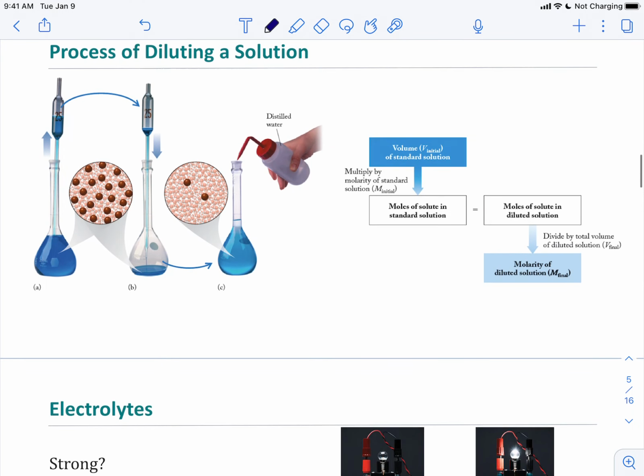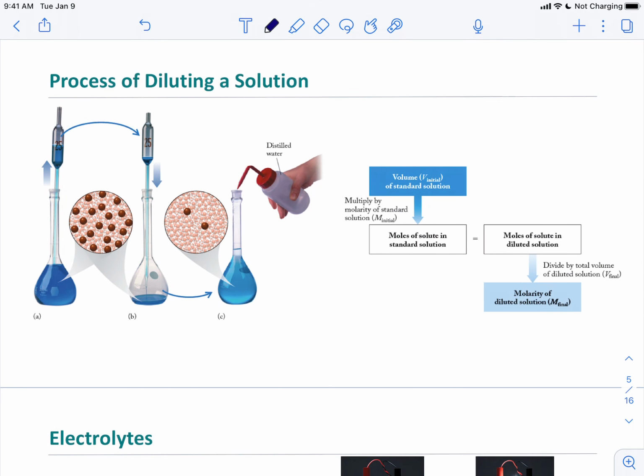Now, practically speaking, in the lab, the way you do dilutions and the way you make up solutions in general is, this is a volumetric flask right here, and it'll have a mark to where the total volume needs to go to. What you typically do is you add some water, say water's our solvent, and then add your salt also, and you get it to dissolve. You don't add the total amount of volume.